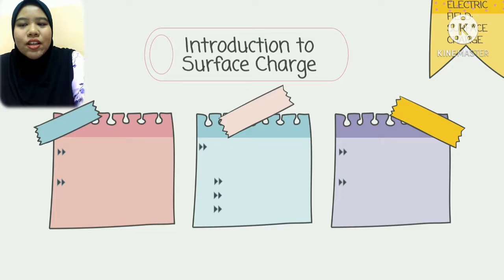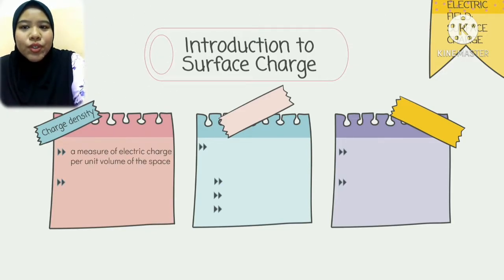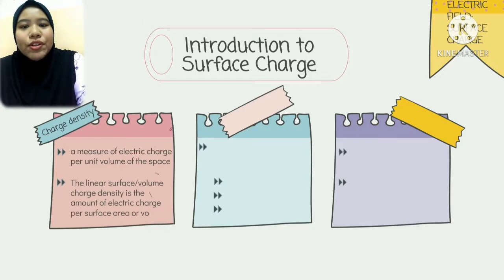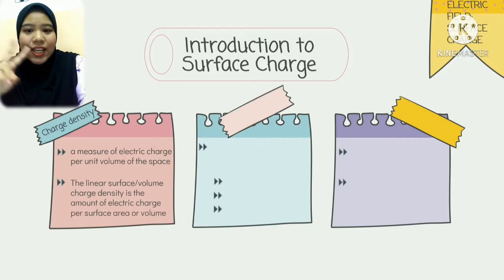According to electromagnetism, charge density is defined as a measure of electric charge per unit volume of space, in 1, 2 or 3 dimensions. To be specific, the linear, surface or volume charge density is the amount of electric charge per unit length, surface area or volume respectively.